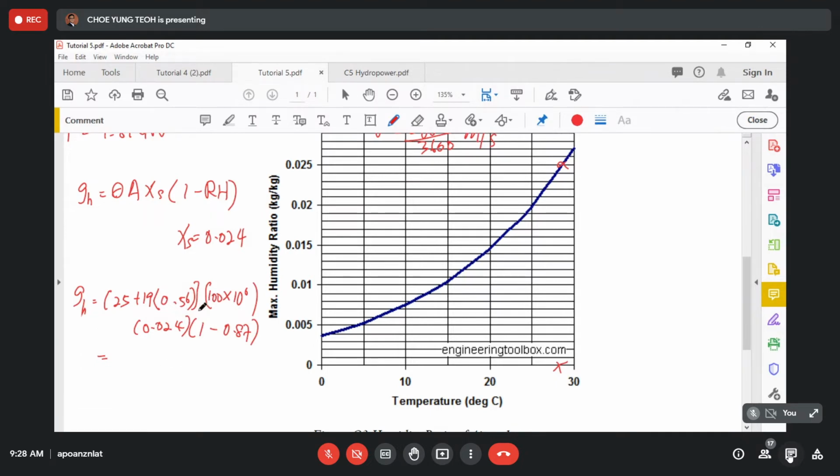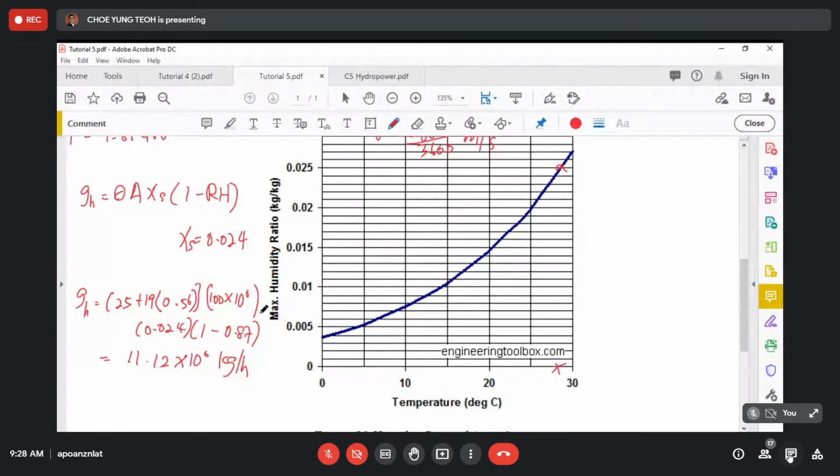So the total amount of water evaporated per hour will be this amount, for this big dam.